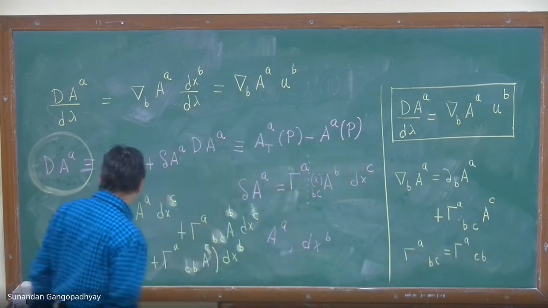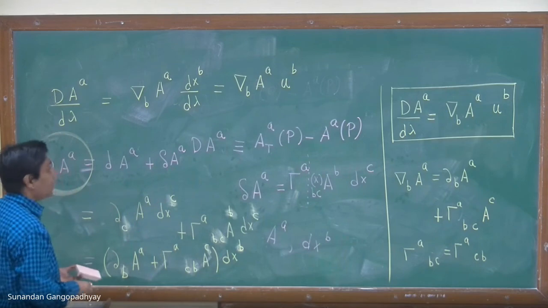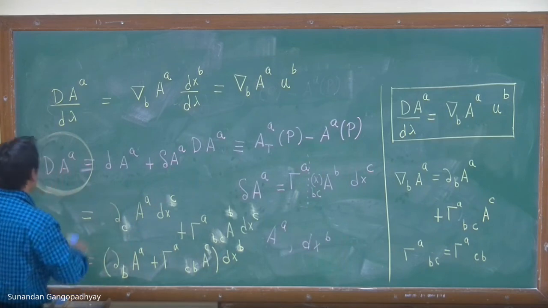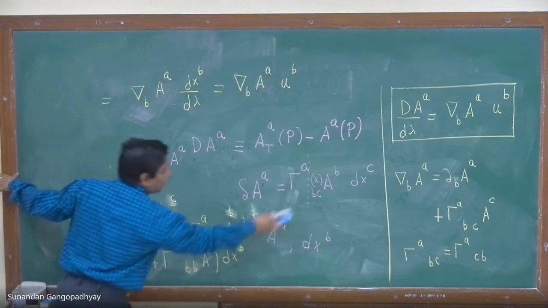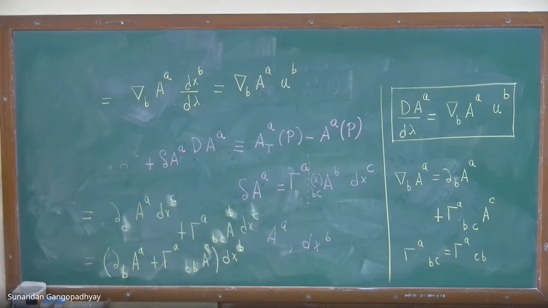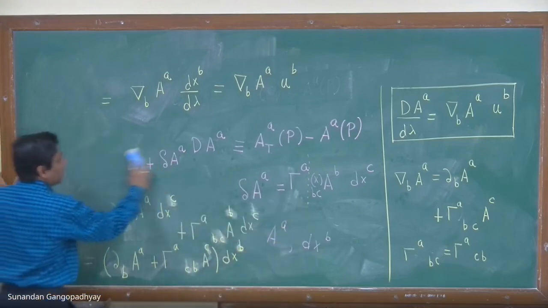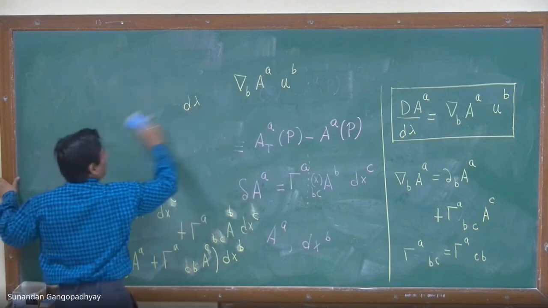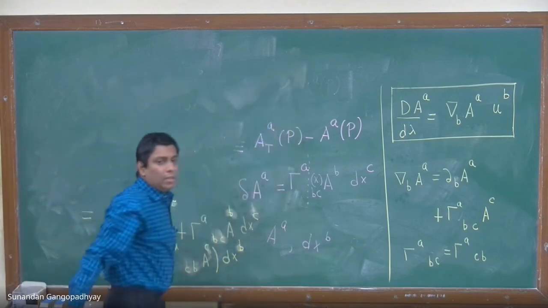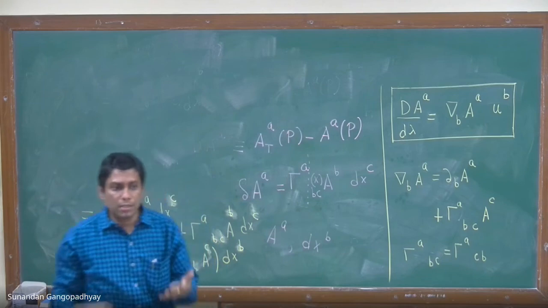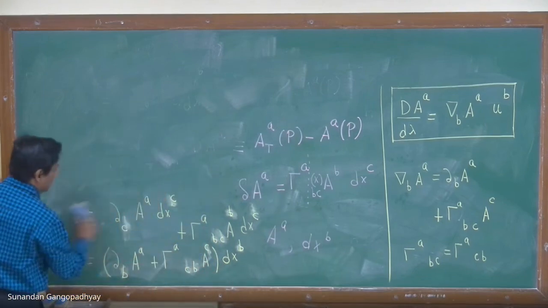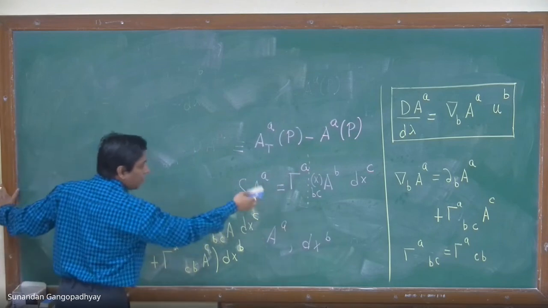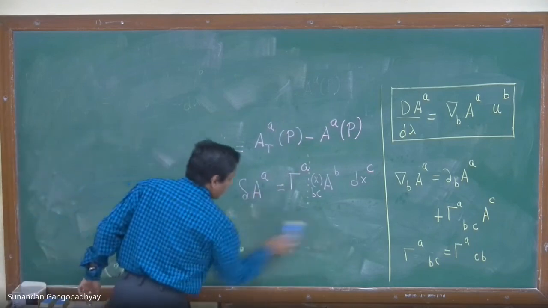So from this demand that this is a covariant derivative, and therefore transforms in a tensorial way, we now proceed to find the transformation property of this connection. Okay, let us see how it transforms. You need to know the transformation property of the Christoffel connection.